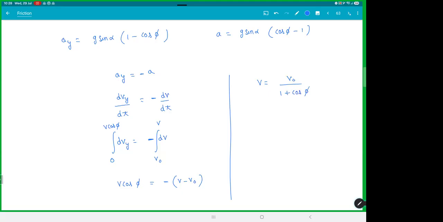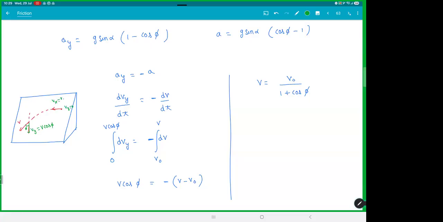This is the speed as a function of phi. And you said eventually phi becomes 0. Again, if you look at that path, this was phi. This was your component Vy, which is V cos phi. That's your velocity at some point here. And initially your Vy was 0.